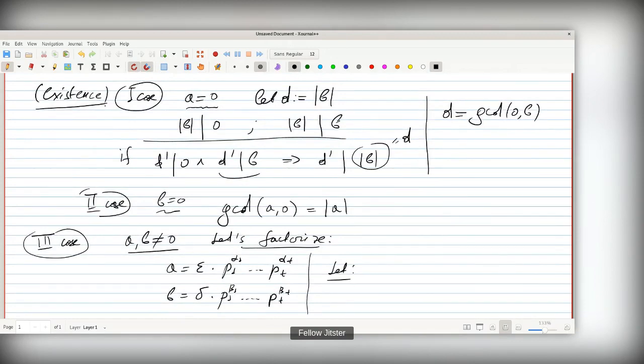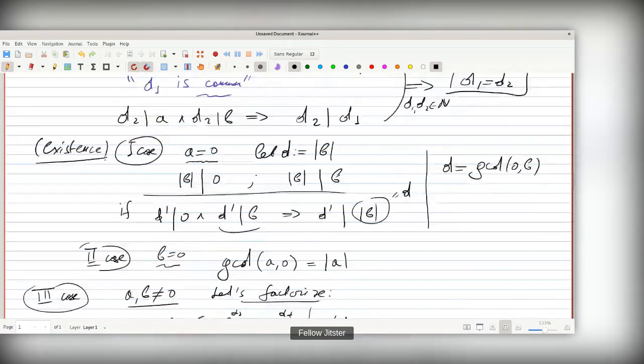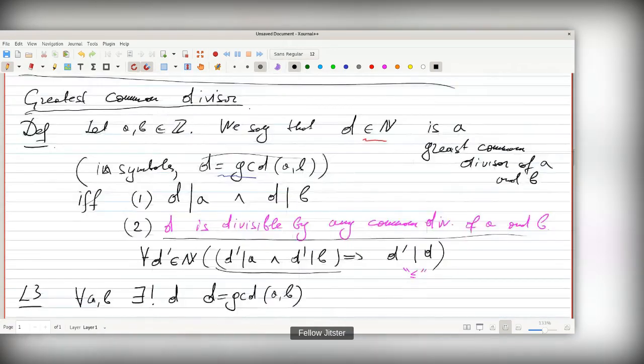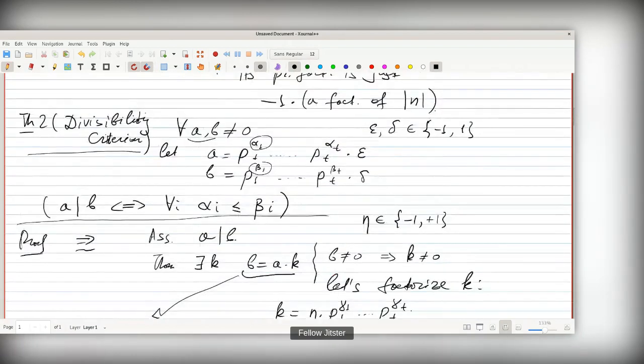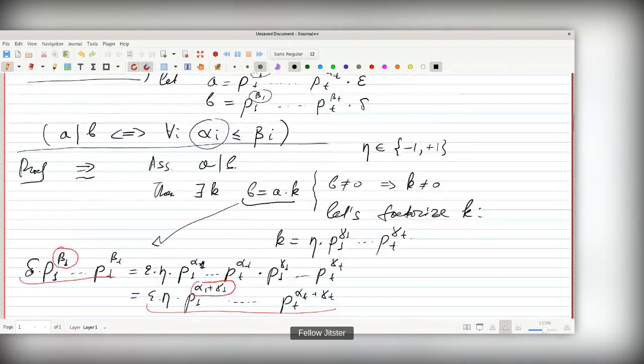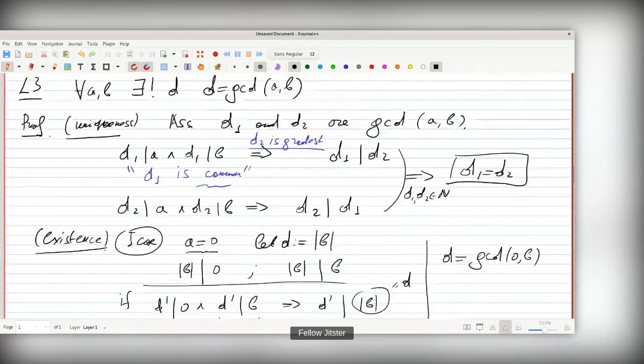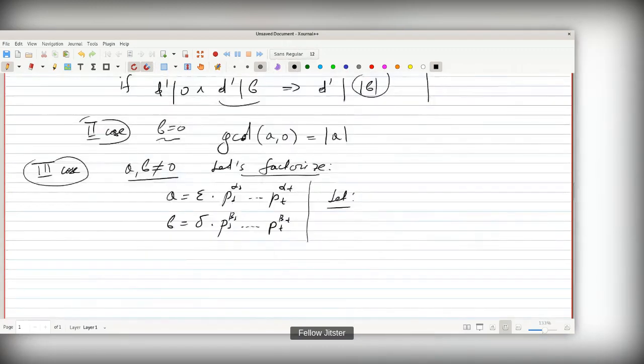And we need a number where, according to the divisibility criterion, every prime's degree is less or equal than both alpha and beta. And it is easier to take such a number.